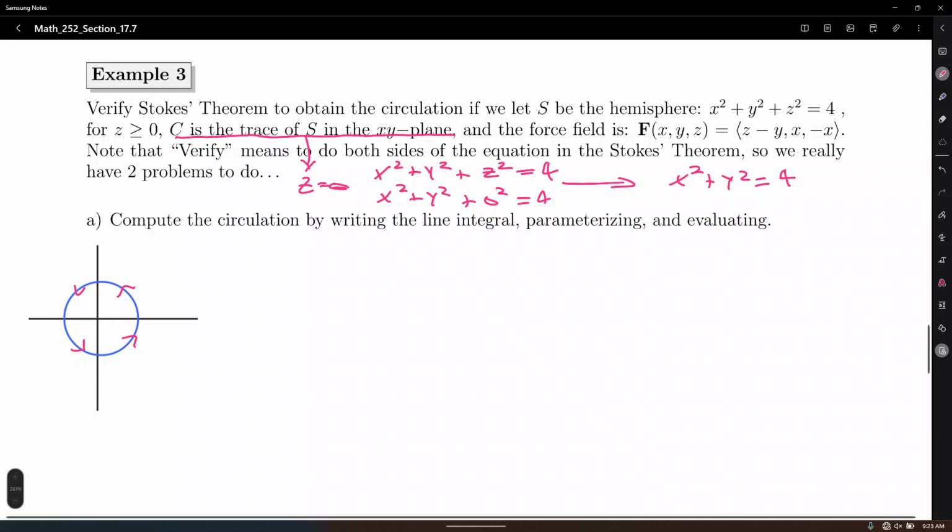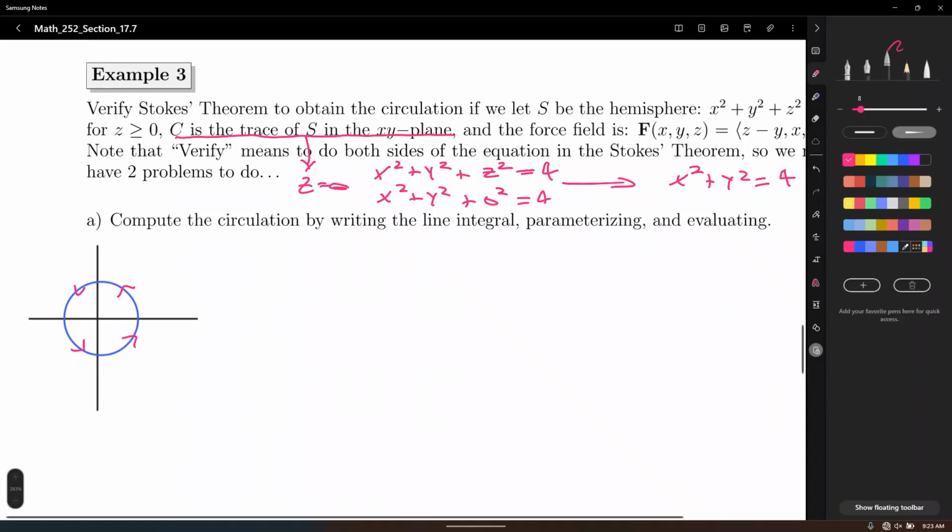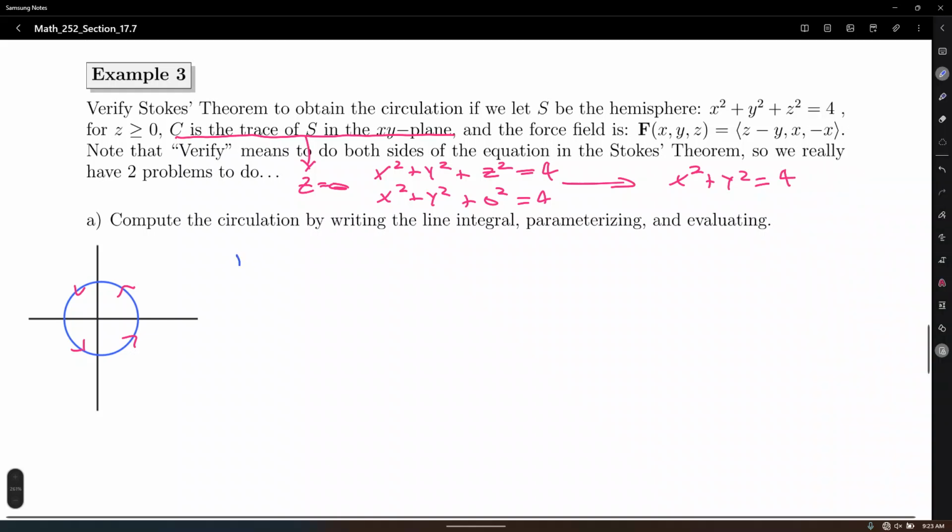Okay, so how are we going to parameterize this? How do we parameterize a circle? R of t. Okay, so what are the parametric equations of the circle of radius 2? 2 cosine t, 2 sine t. But hold on.